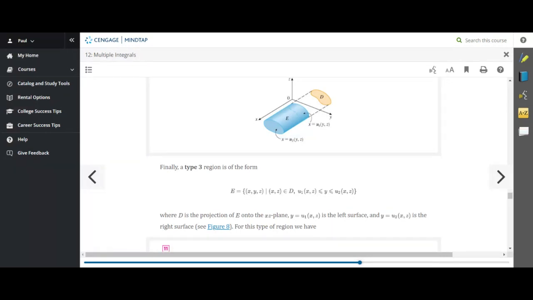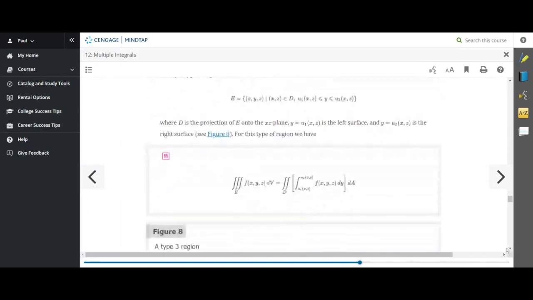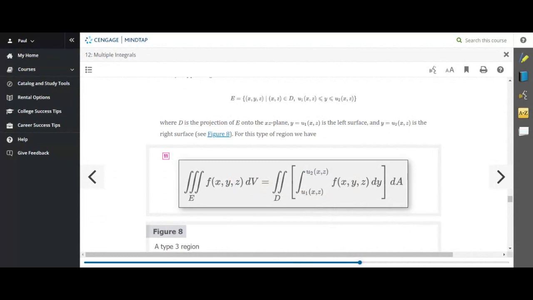Since the surfaces are functions with respect to y and z, you're going to integrate with respect to x first. And then the region D gets projected into the yz plane. So then you're going to have either dy dz or dz dy. And this would be how you would do the integration.